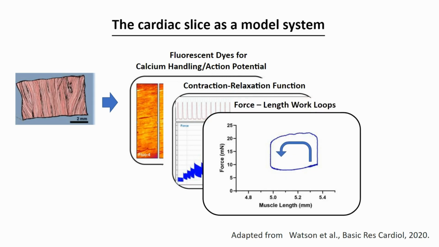And if the slice is also attached to a length motor, a force length work loop can be generated to mimic the pressure-volume relationship of ventricular cardiac cycles. So these 3 types of measurements, calcium dynamics, contractile dynamics, and work loop generation, will be discussed later in this webinar.